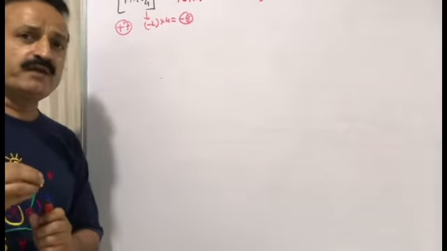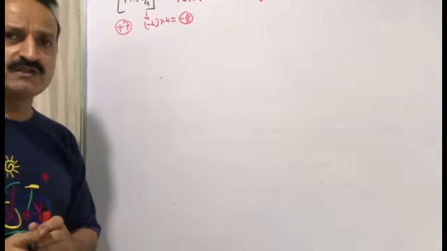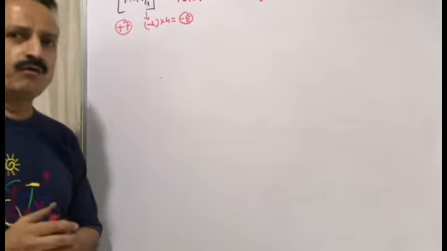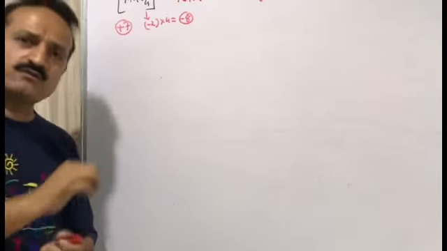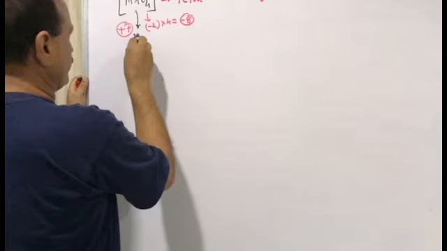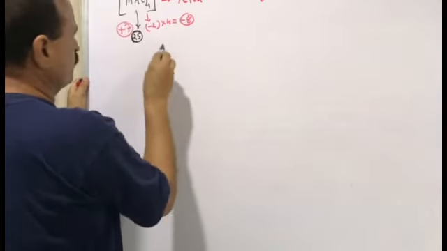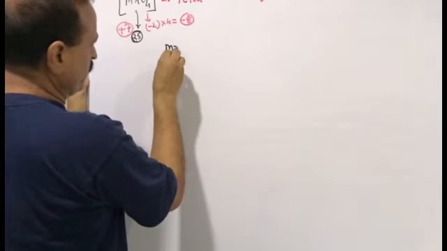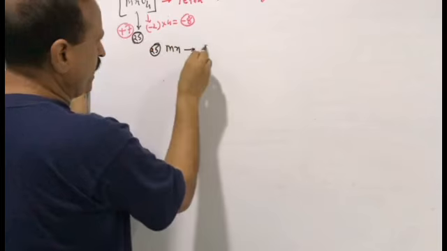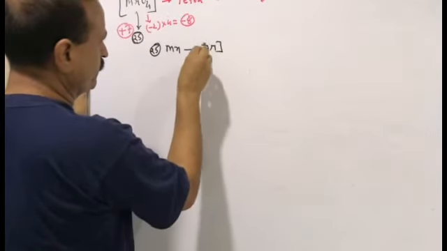Now we have the electronic configuration and donation of electron pairs by the ligand. Let's see what is the hybridization of this complex ion. Atomic number of Mn is 25, so we have to fill 25 electrons. Argon 18 we have filled.